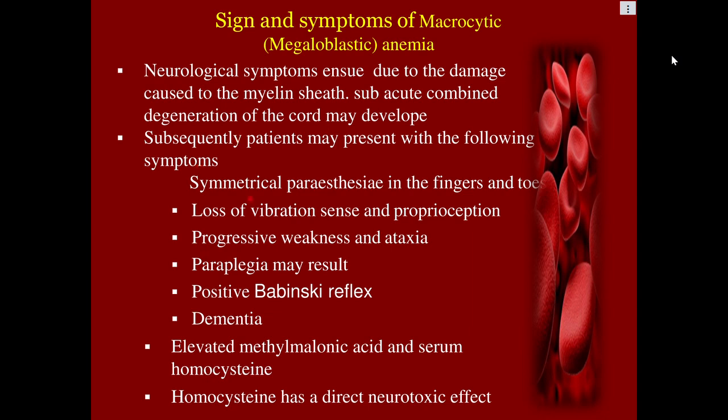The classic symptoms that will be seen, especially in severe vitamin B12 deficiency, is a patient will develop central and peripheral nervous system manifestations such as paresthesia of the fingers and toes, loss of vibration sense, and loss of proprioception.